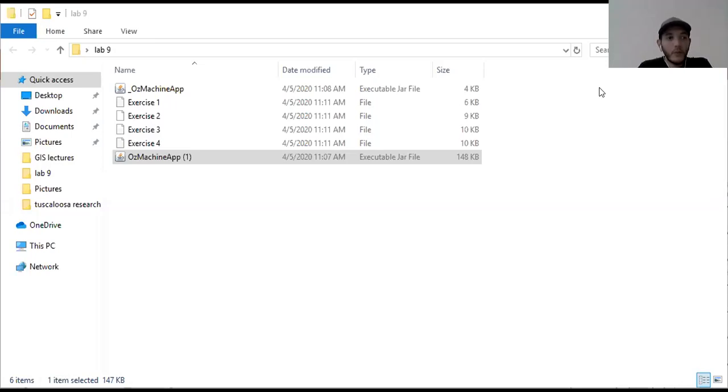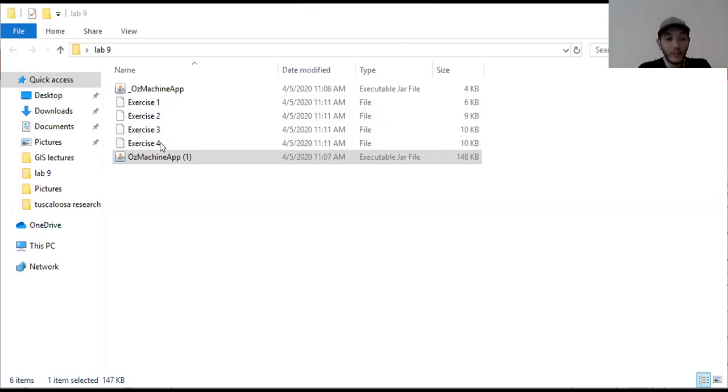So go to the Blackboard and download the Oz Machine app and the four exercises, exercise 1, exercise 2, exercise 3, exercise 4. When you open the Oz Machine, you will see something like this. Don't care about these because they are already downloaded to the app. You have to download your own exercises.